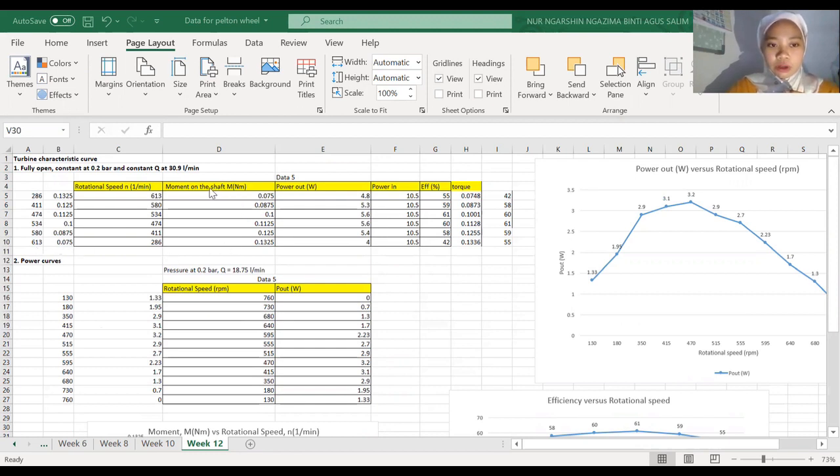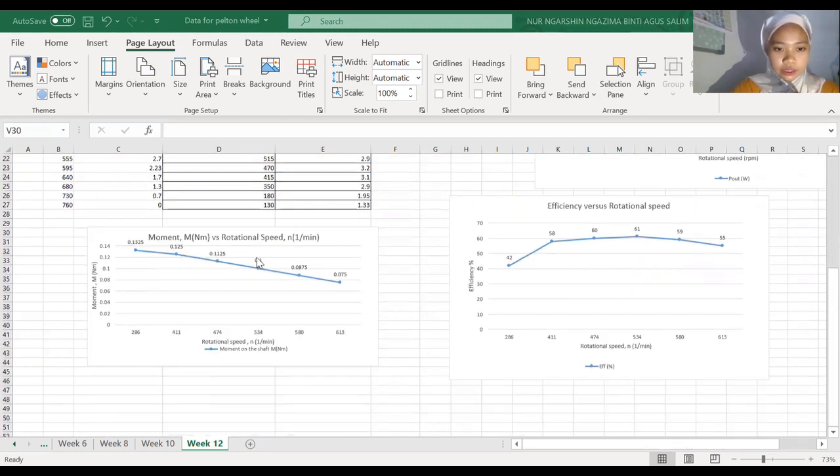The same goes for the moment of the shaft: I changed the values to relate to the rotational speed.